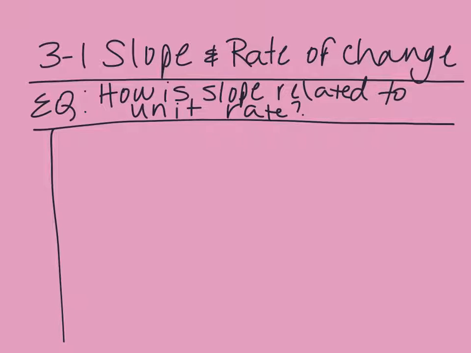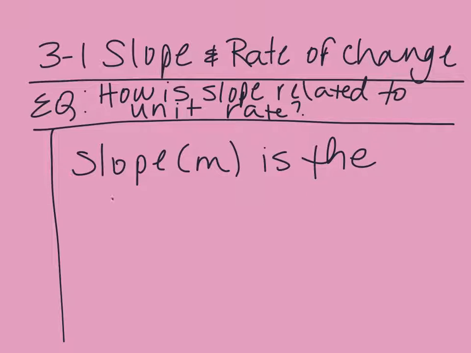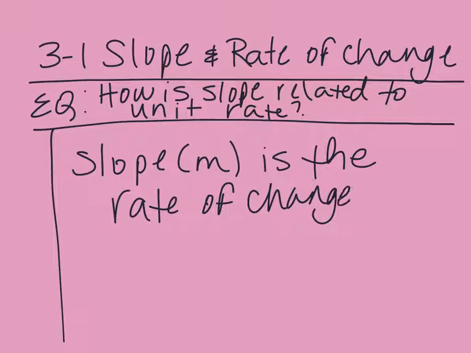Okay, so first you need to remember that slope, which we use an M to represent, is the rate of change, which we always abbreviate ROC, or you may have, last year, called it CROC.